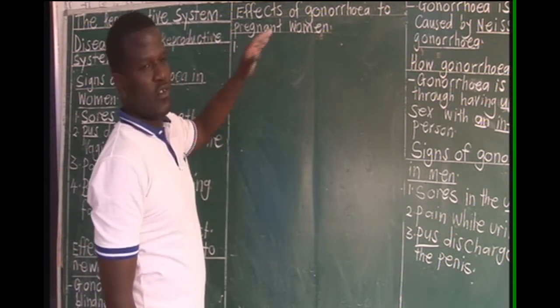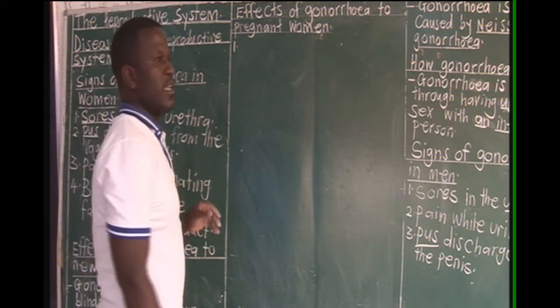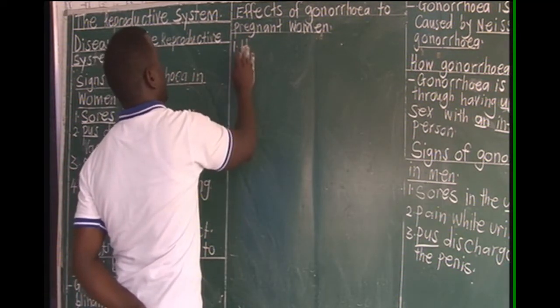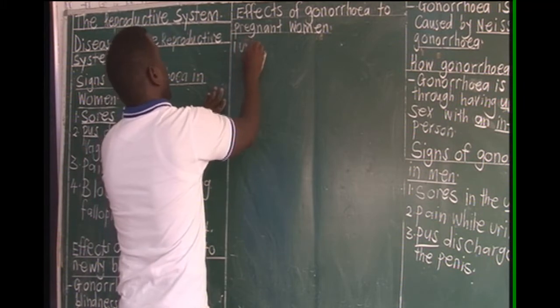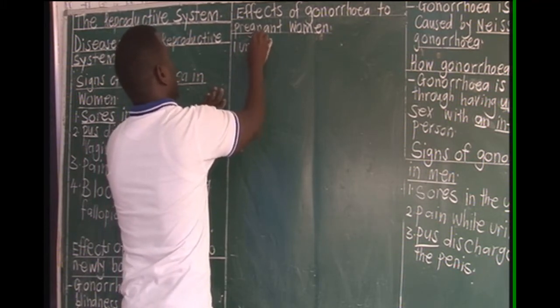So, untreated gonorrhea causes ectopic pregnancy. Because you may get gonorrhea and you get treated.